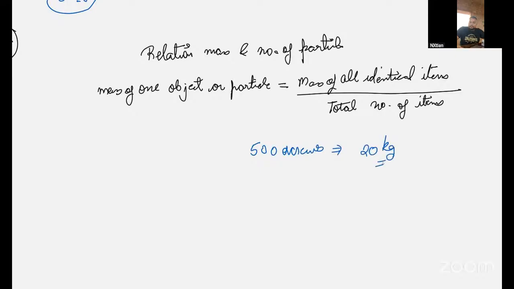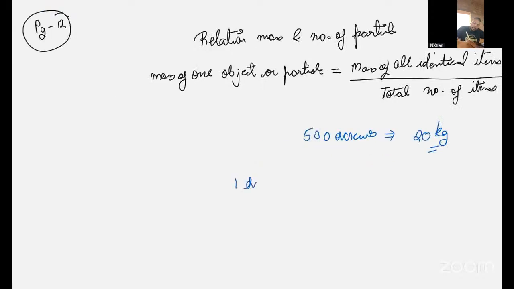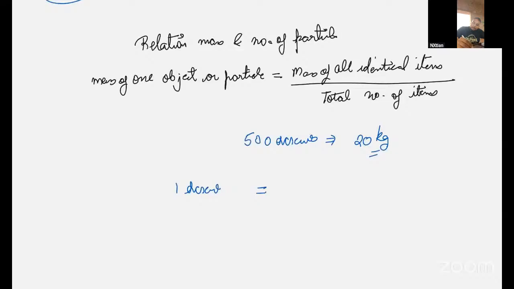What is the weight of one screw? The weight of one screw will be 20 by 500. Correct. So what is the mass of all identical items?